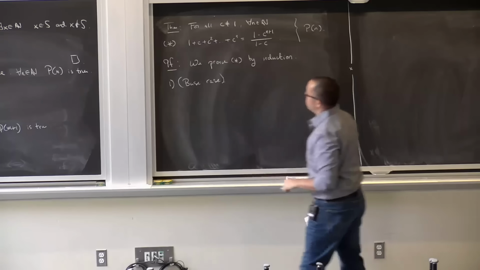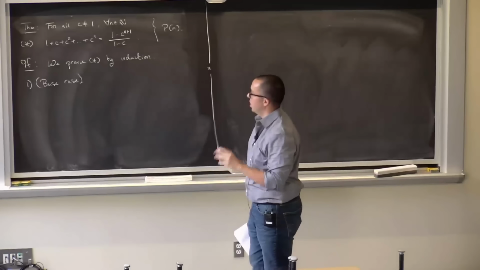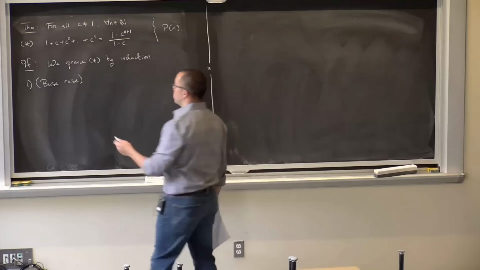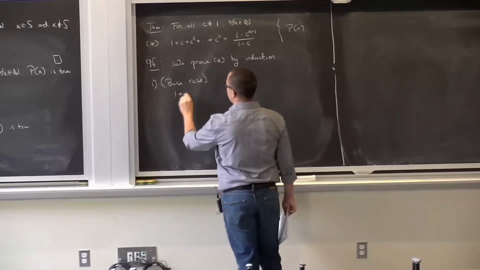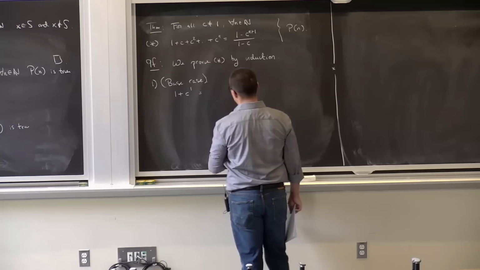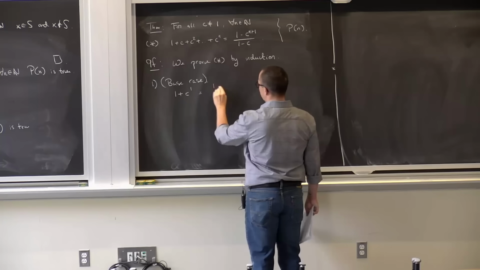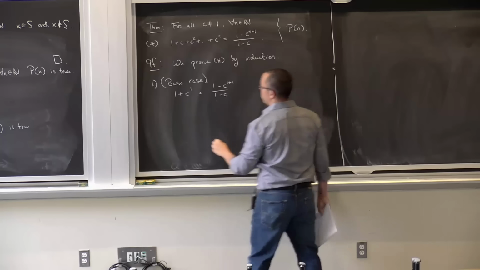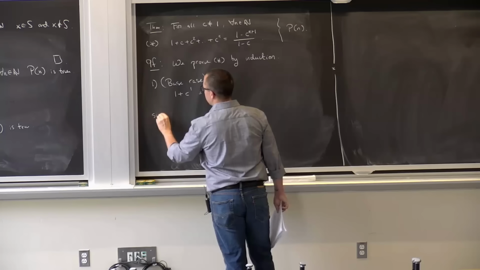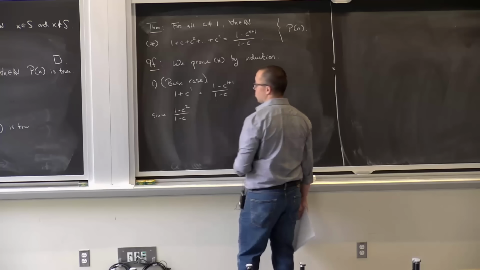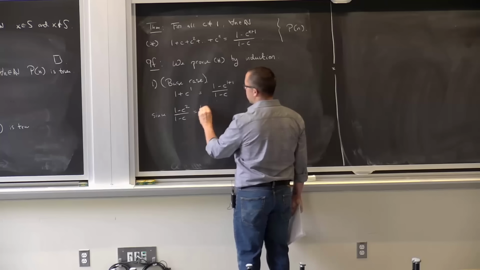Like I said, the base case is usually you just plug in n equals 1 and verify that P of n is true. And that's what we do. 1 plus c to the 1, which is the left-hand side, does in fact equal 1 minus c to the 1 plus 1 over 1 minus c, because this right-hand side, 1 minus c squared, is 1 minus c times 1 plus c.